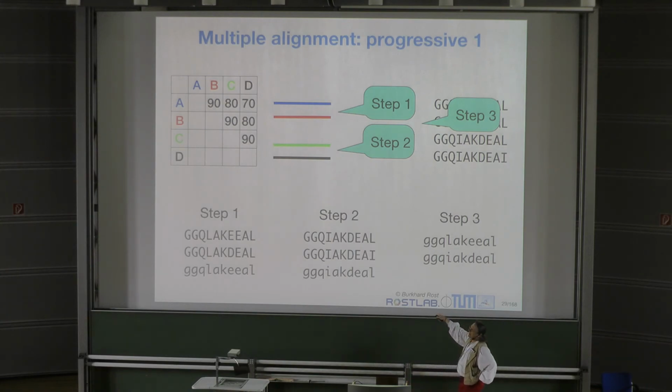In step 2, and again, this is one way, there are other ways of doing that. In step 2, I could, for instance, align C and D. And then I have essentially involved all my four sequences. So that's the alignment of C and D. And again, I write down this consensus here.